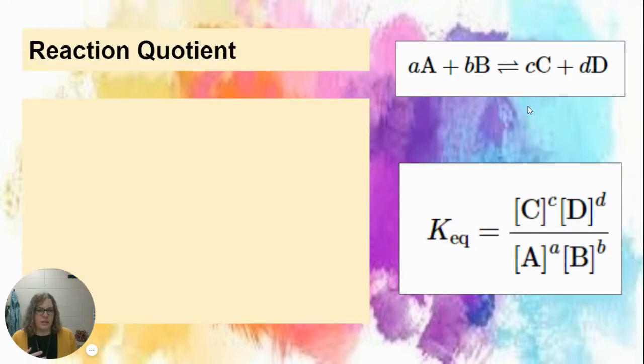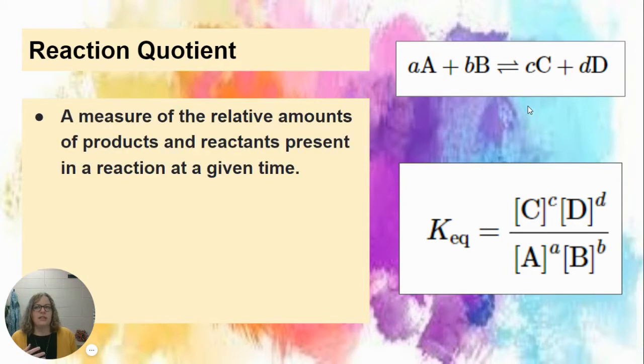What a reaction quotient is, realistically, is a representation of the relative amounts of the products and reactants that you have at any given point in time. And that's the very technical definition. But what I think about it is kind of like, cue the cheesy sound effects, a snapshot of what your chemical reaction is doing at this point in time.